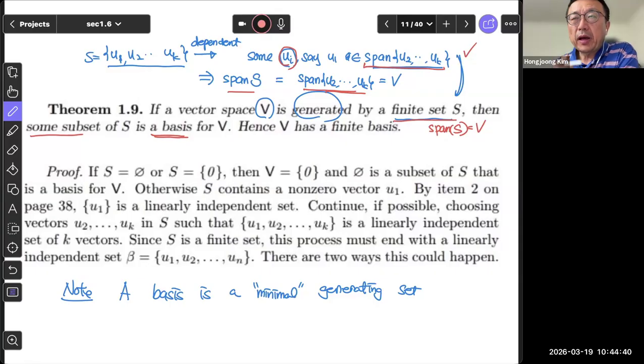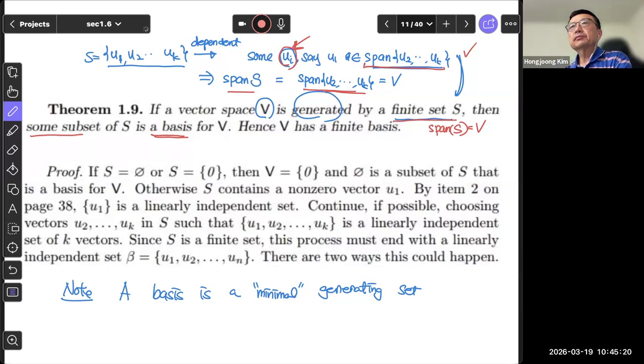So if S generates V, and if S is independent, then S will be a basis. But if S is linearly dependent, which means there is some kind of redundancy, we need to eliminate this redundancy, because even without it the set will generate the same space as before.